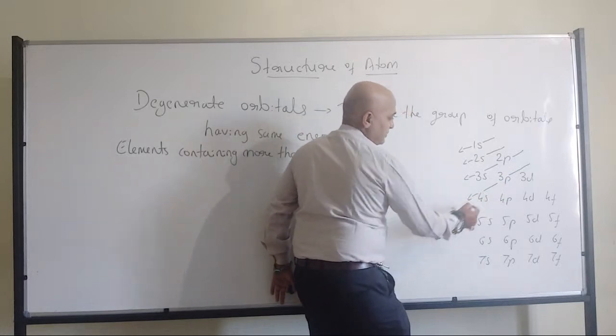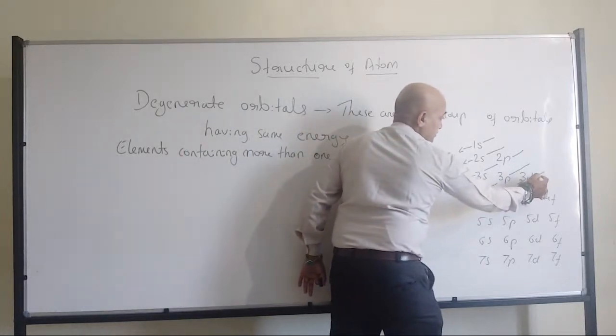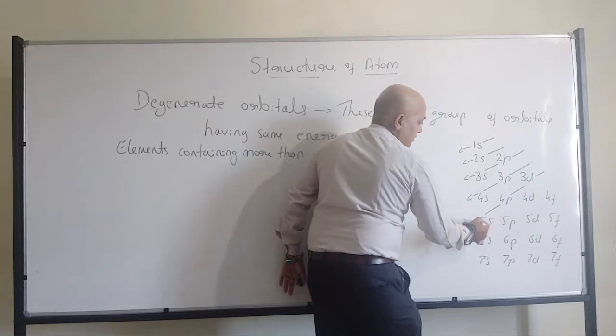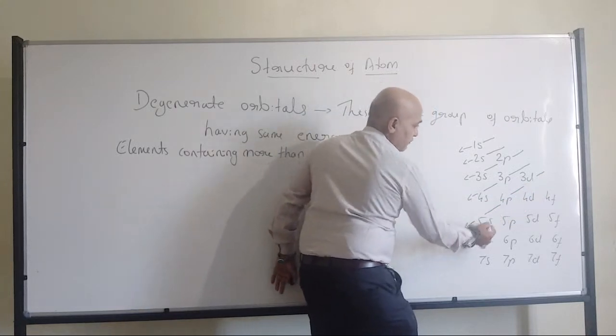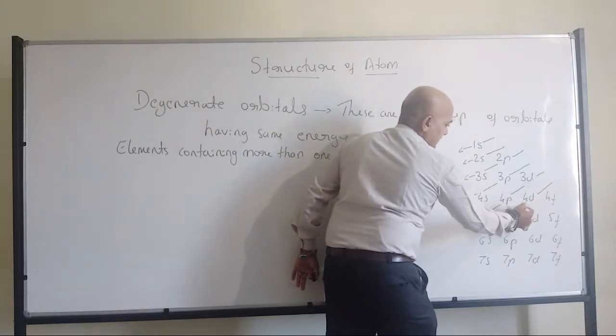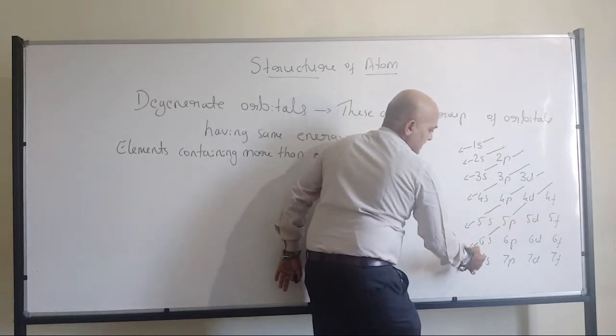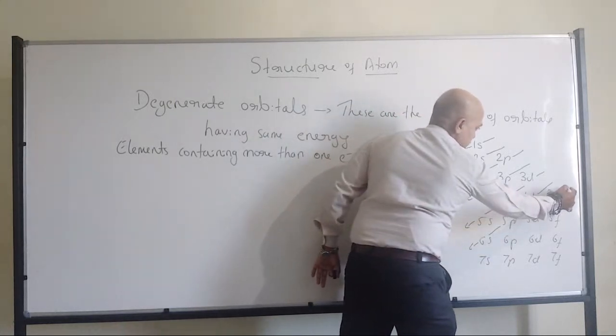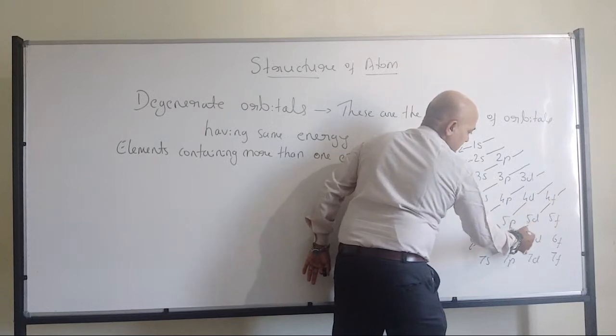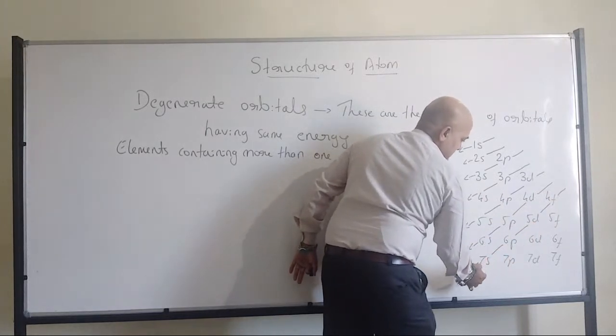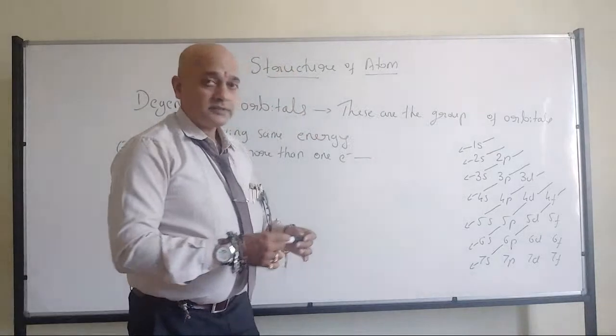Observe it carefully. From 4s it will go to 3d, 4p, 5s. From 5s it will come to 4d, 5p, 6s. From 6s it moves to 4f, 5d, 6p, 7s. Like that it will move on.